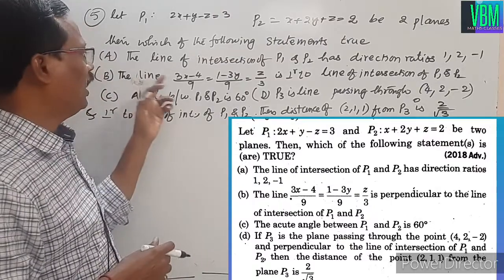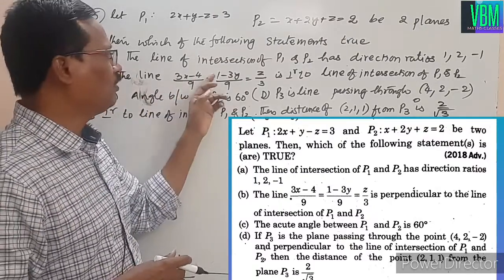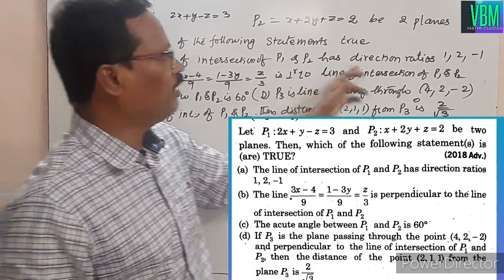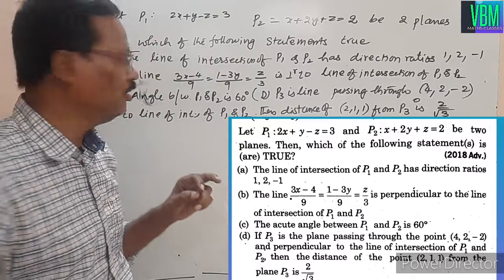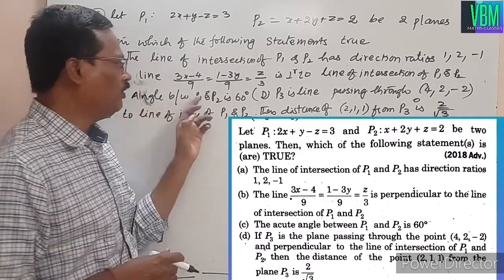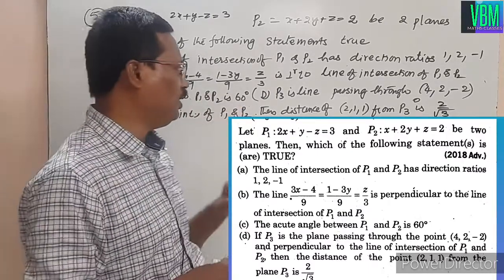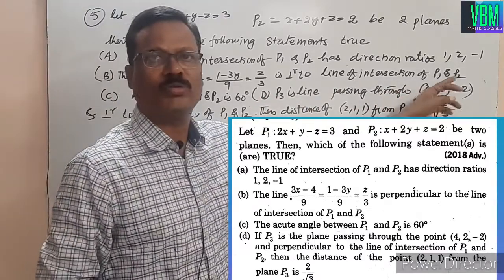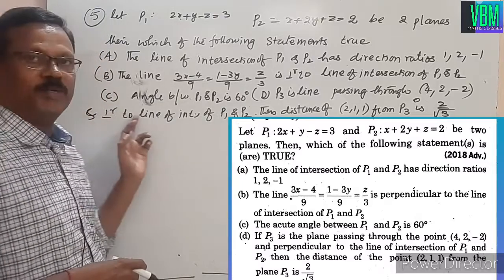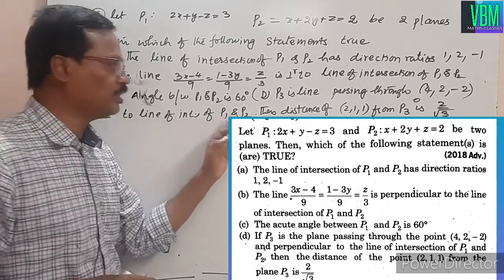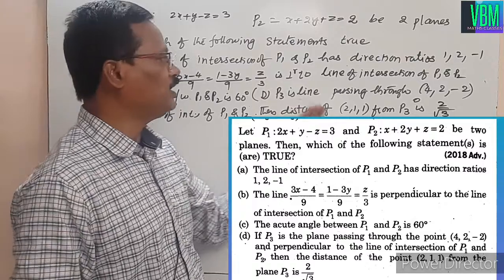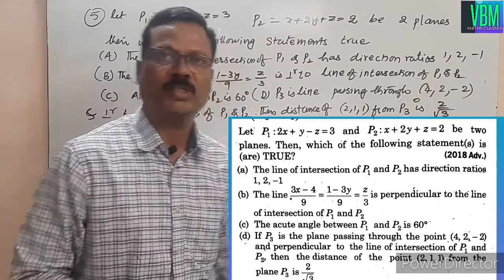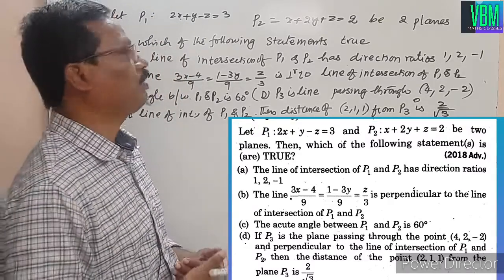Second option, the line (3x minus 4)/9 equal to (1 minus 3y)/9 equal to z/3 is perpendicular to the line of intersection of P1, P2. Third option, the angle between the planes P1 and P2 is 60. And option D, P3 is a line passing through 4, 2, minus 2 and perpendicular to the line of intersection of P1, P2. Then the distance of 2, 1, 1 from P3 is 2 by root 3. Okay, they gave this problem.